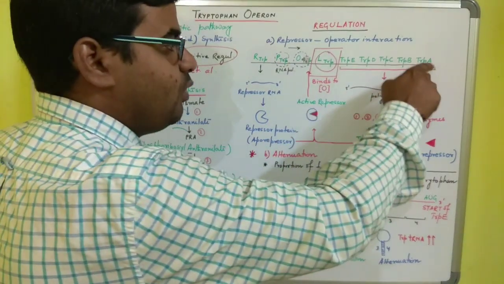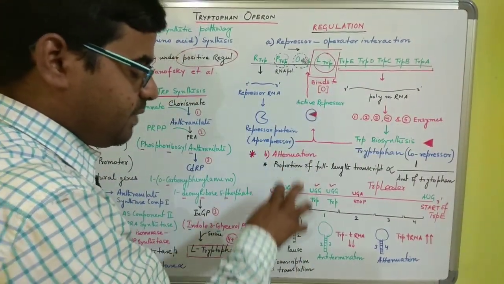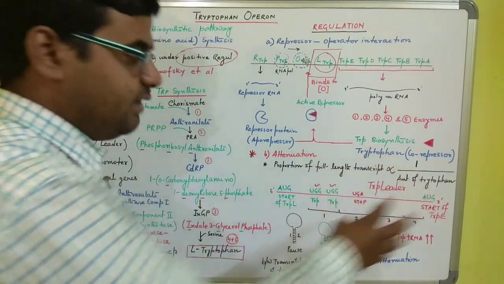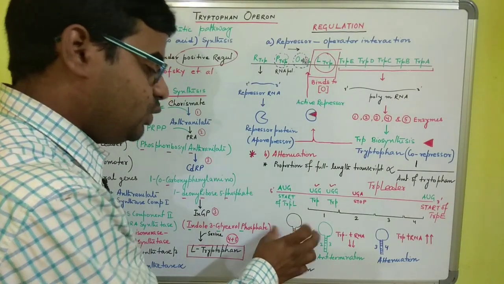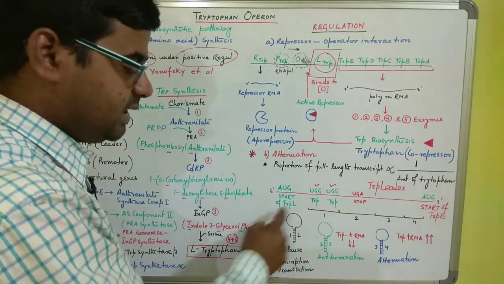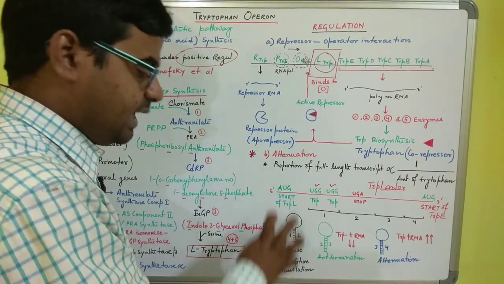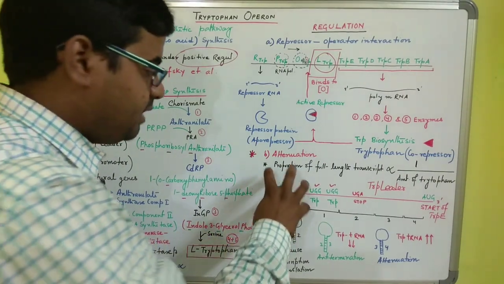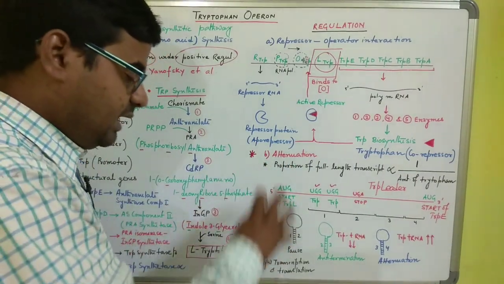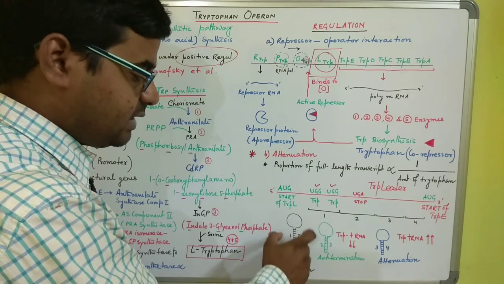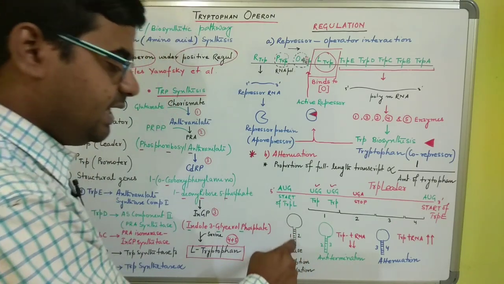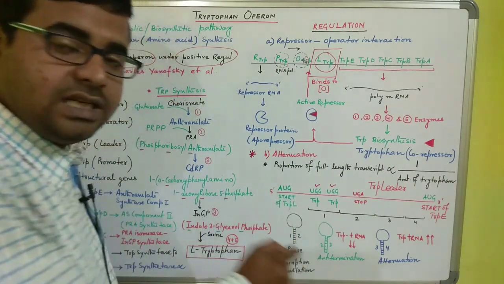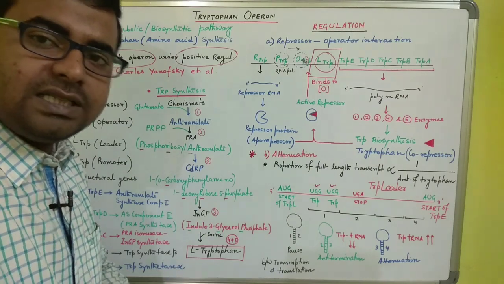Whether to transcribe the whole sequence or not will be told by the secondary stem loop structures of these different regions. When 1 and 2 pair with each other, the structure synchronizes the transcription process with the translation process, that means the binding of the ribosome. For that purpose, the 1 and 2 secondary structure provides the pause signal, and it pauses the timing between transcription and translation so that they both occur simultaneously.